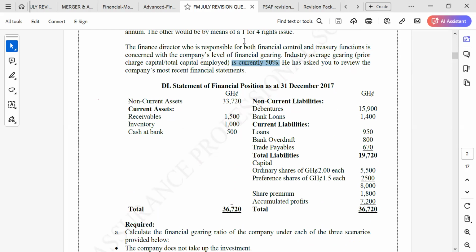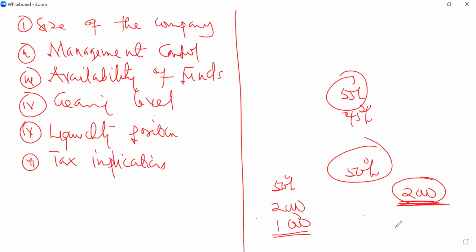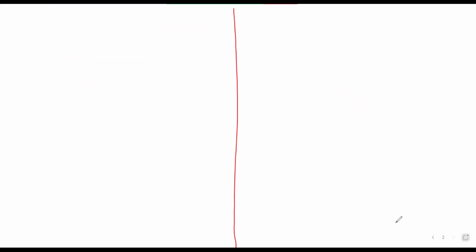If the company does not take up the investments, you calculate your prior charge capital.